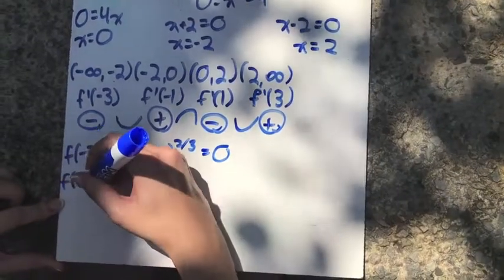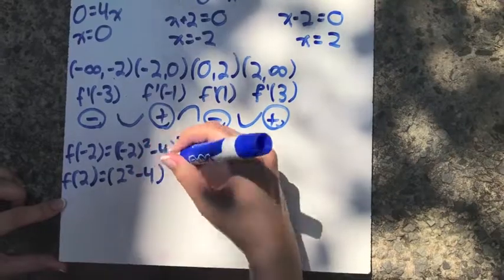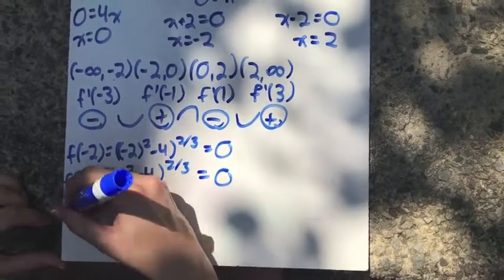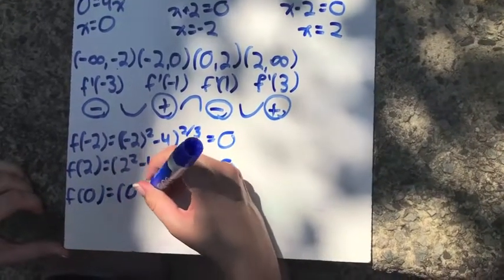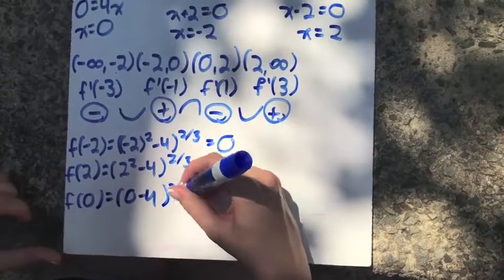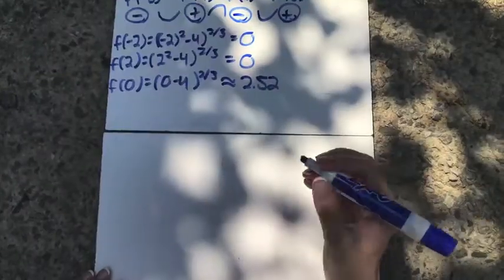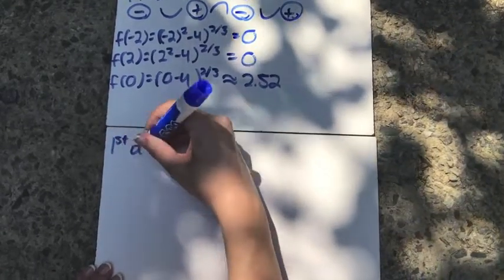F of 2 equals 2 squared minus 4 to the 2/3, that equals 0. And then f of 0 equals 0 minus 4 to the 2/3, which is approximately 2.52.